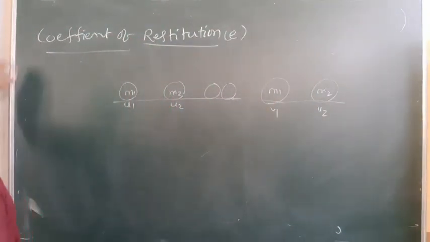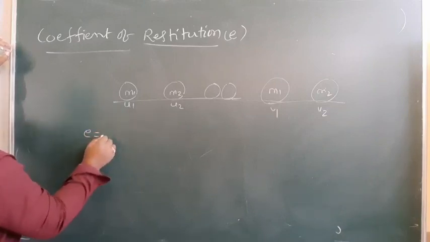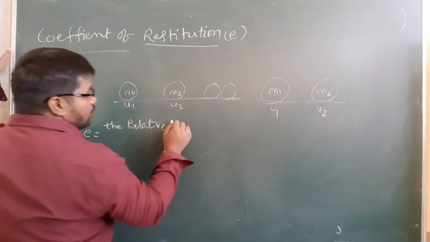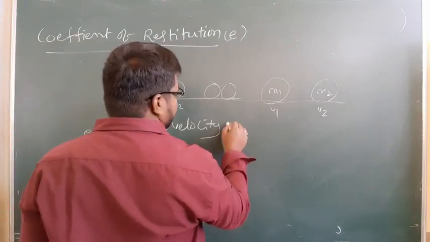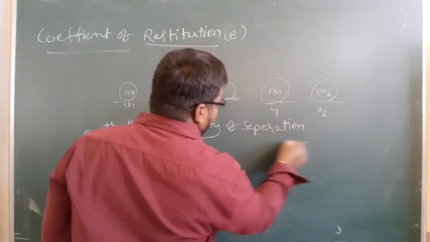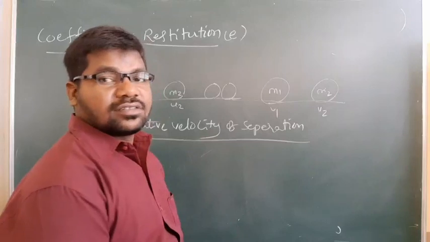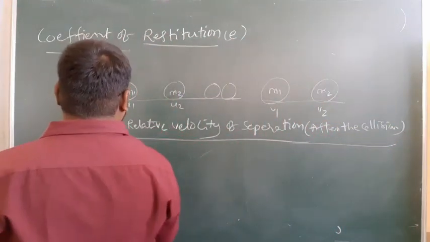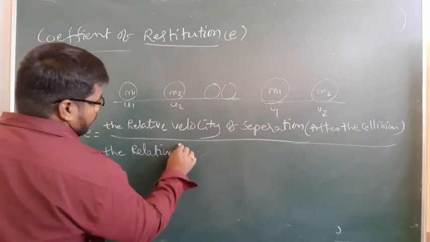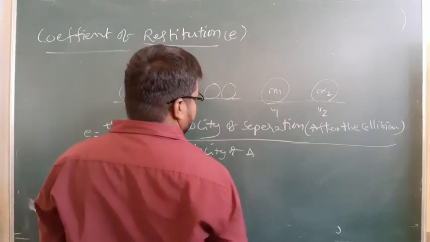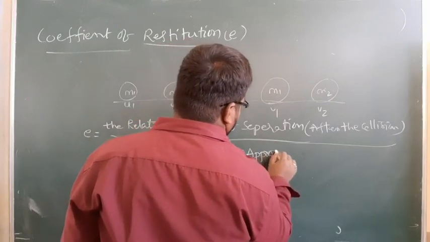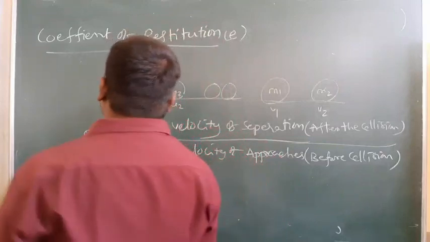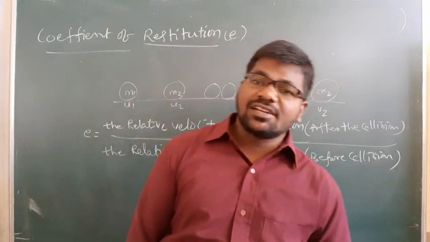The coefficient of restitution is defined as the relative velocity of separation, or the relative velocity after the collision, to the relative velocity of approach, or before collision.